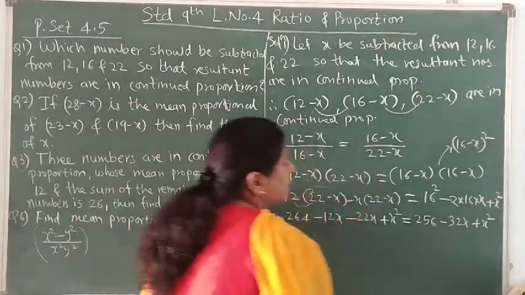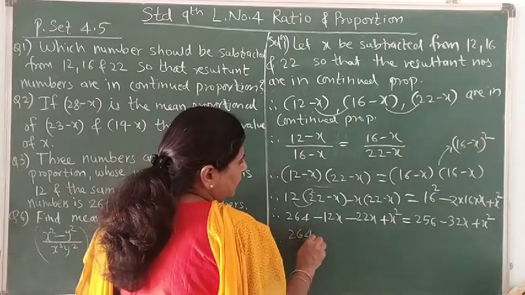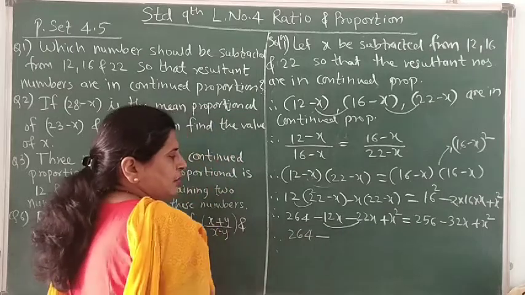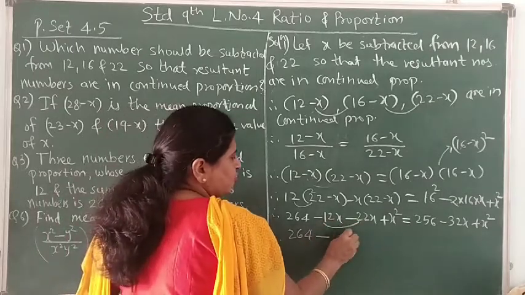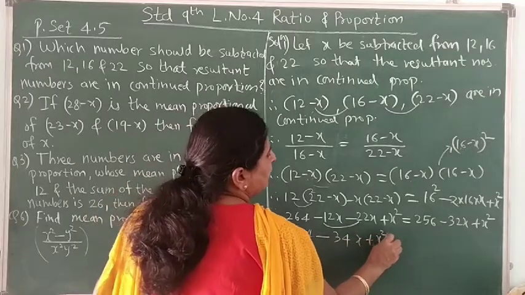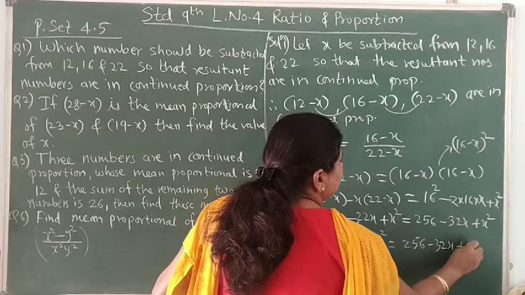Let me write this identity part. Now here, this is 264, club this, minus 12, minus 22. Sign is same, so you add these numbers, 2 plus 2, 4, 2 plus 1, 34x plus x square is equal to 256 minus 32x plus x square.